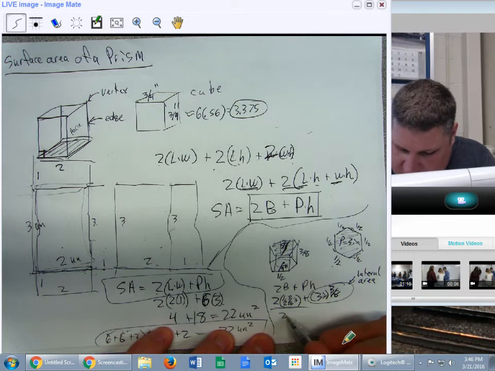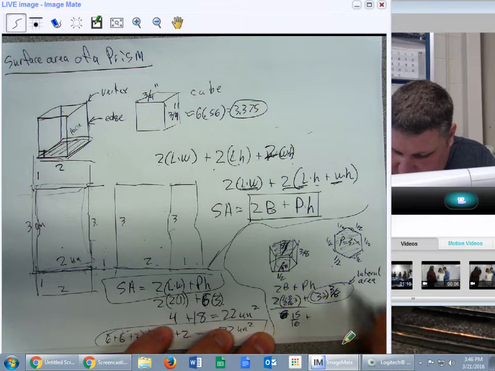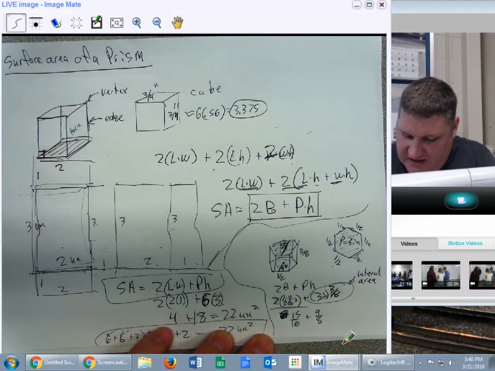So I have 2, so I have 6, nope, half. So those go away, and I'm left with 15/16 plus 3/8. I get 9/8. Put those together.